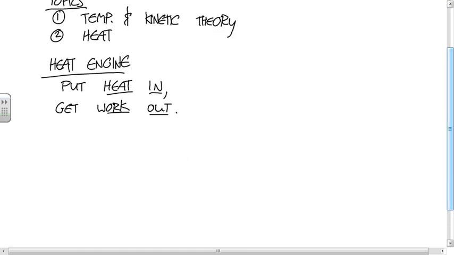Okay, and so, without looking again, here is where the work is done.